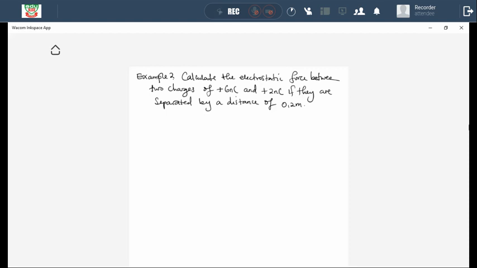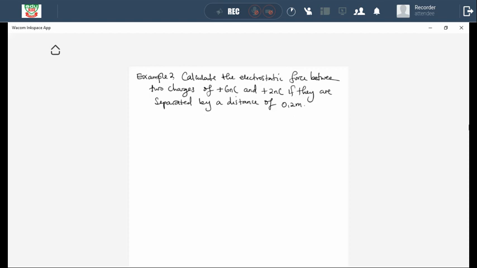So calculate the electrostatic force between two charges of +6 and +2 nanocoulomb if they are separated by a distance of 0.2 meters. To me, this is very straightforward because this is Coulomb's law. We are calculating electrostatic force. We have two charges, the distance is given and the magnitude of the two charges is also provided. So what do I need?